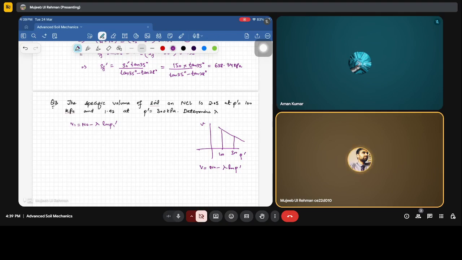So V1 corresponds to the specific volume at P1. So we can write as 2.05 is equal to N naught minus lambda times ln of 100. This is A, and another is 1.92 is equal to N naught minus lambda times ln of 300. So if you subtract and then do some readjustments in the equation.